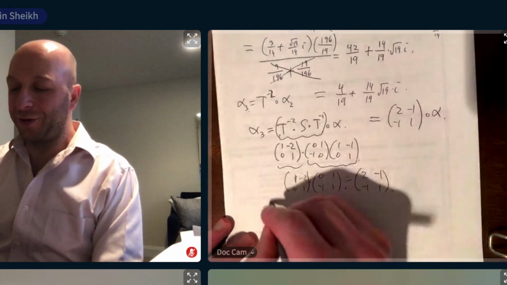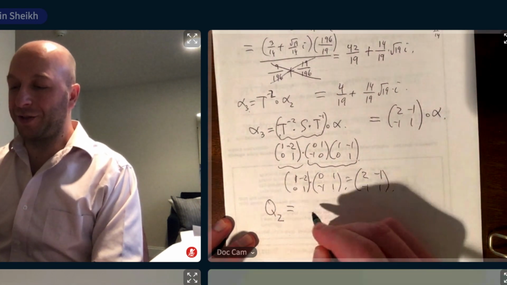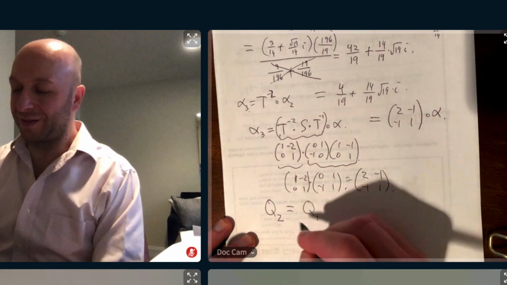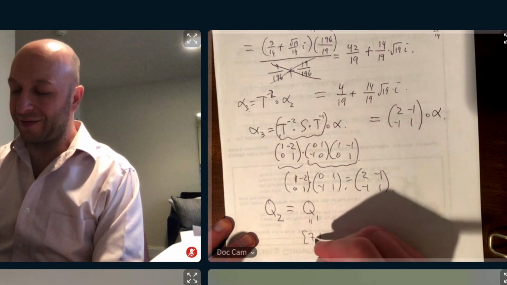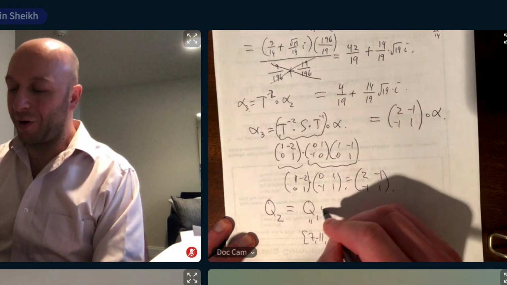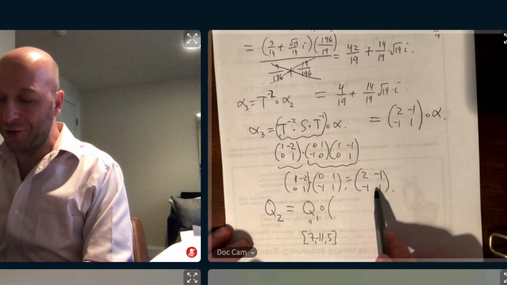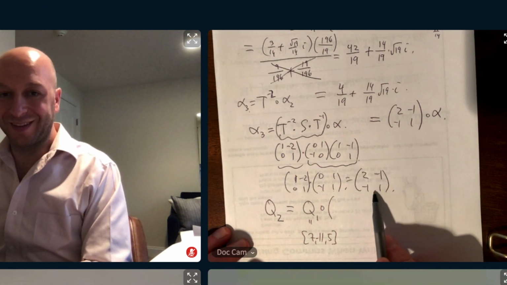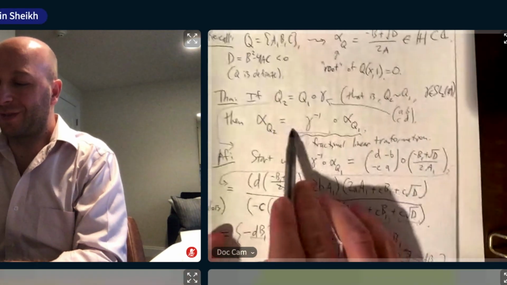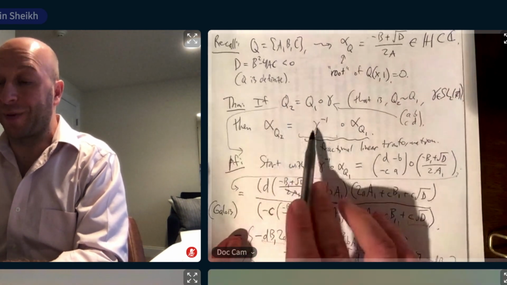So what is our reduced Q2? It's going to be our original Q1, or Q0 maybe, this 7, negative 11, 5 form, composed with what? With this matrix? Remember the theorem: if you change the quadratic form by a gamma, the alpha is changed by gamma inverse.